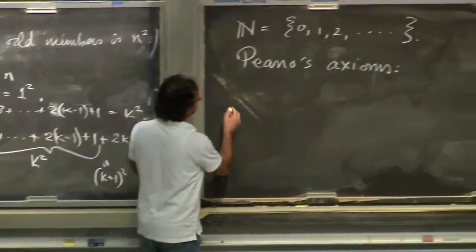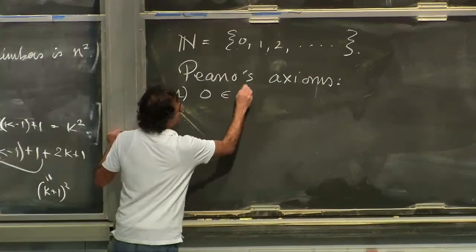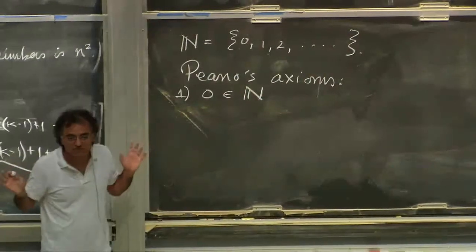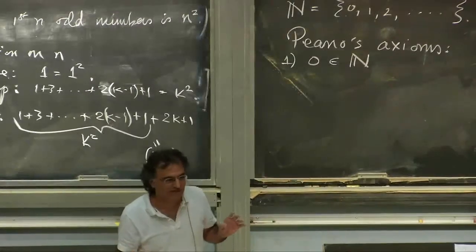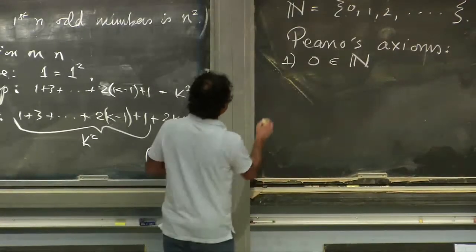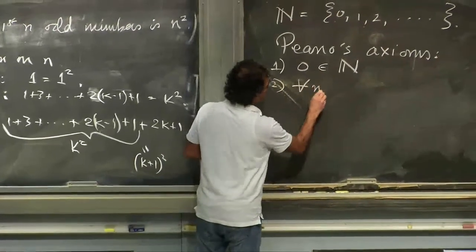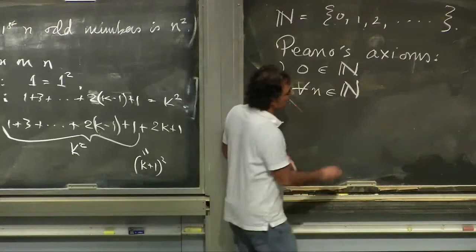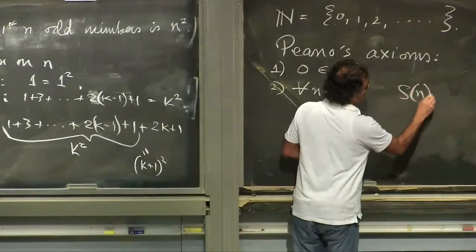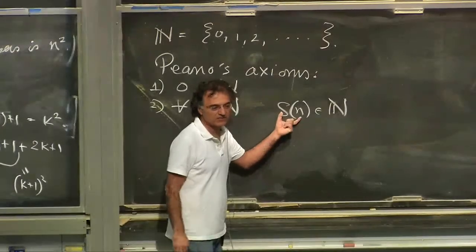Axioms say, 0 is a natural number. It's just a symbol. Okay? This is language. Okay? No pictures here. 0 is a natural number. For all n belonging to N, so if n is a natural number, there's this function called the successor function.